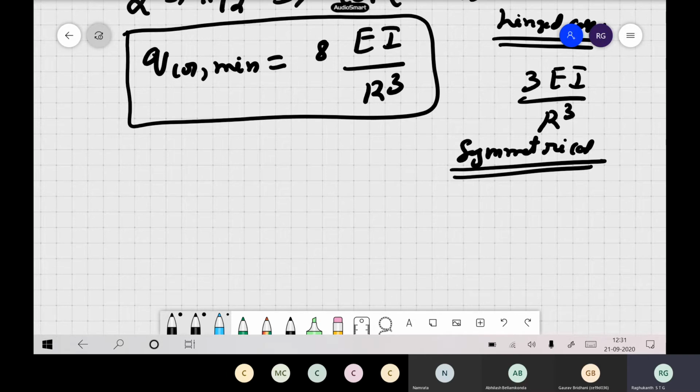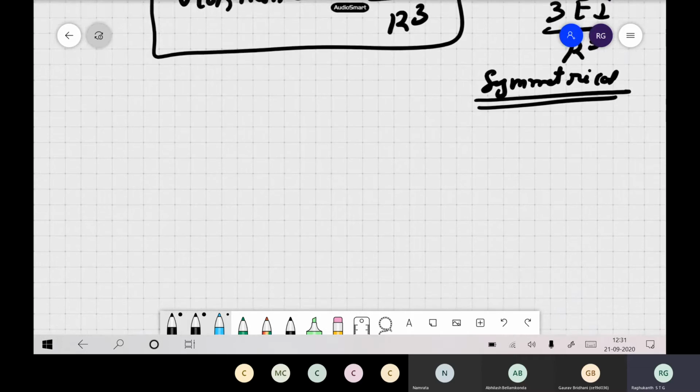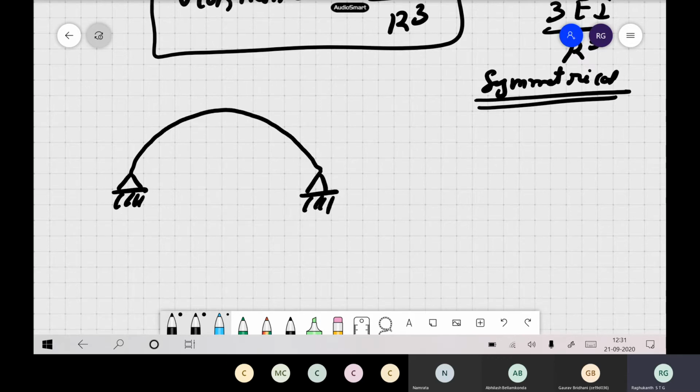Now, of course, you can do this three-hinged arch also. You remember? This is also famous, which is statically determinate, this type of arch. So let us say here you have a hinge. You follow? So this is our central angle. If you take this as some alpha, and let us say R here.